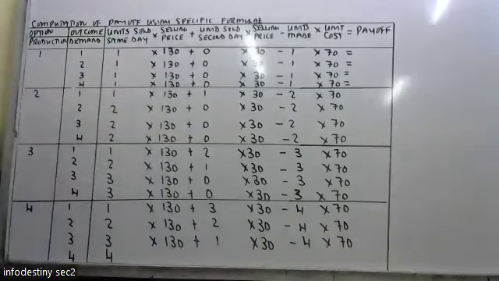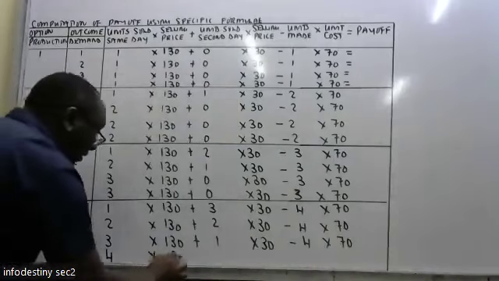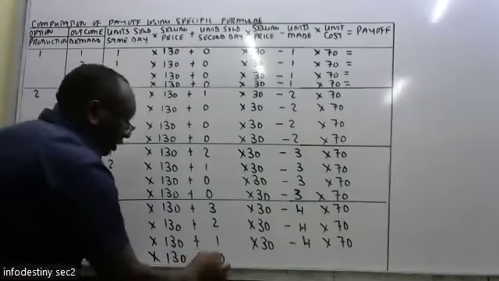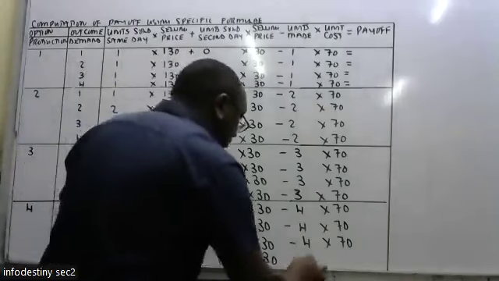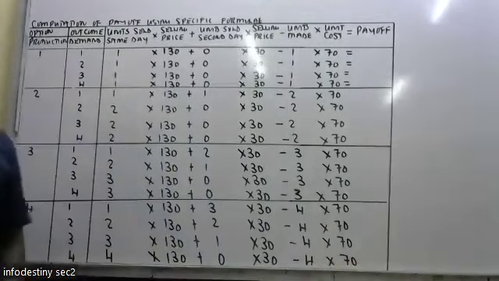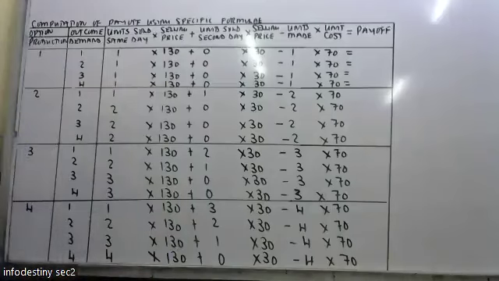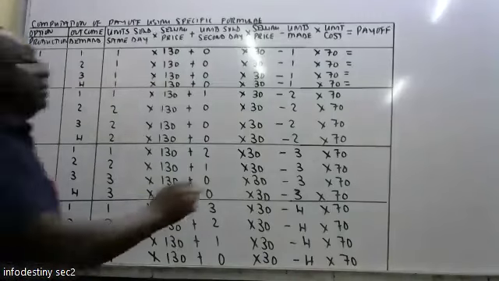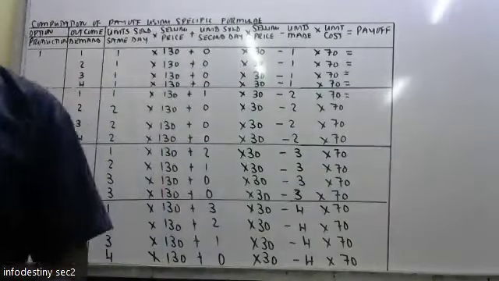Then if 4 come, you sell 4 at 130 plus 0 at 30, minus you have baked 4 at 70. Do you understand? These are practical things. They are very real things. Now, I want you to quickly copy this and get the answers. Just the answers, and be very fast.